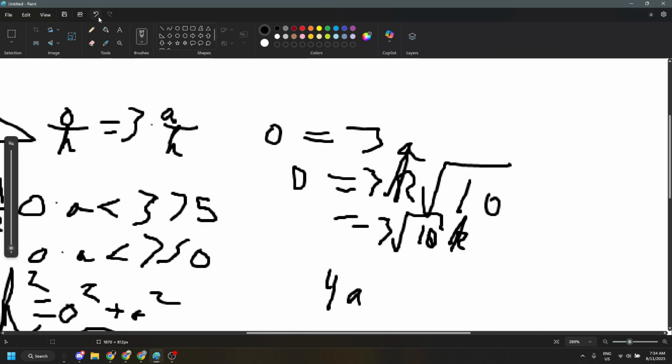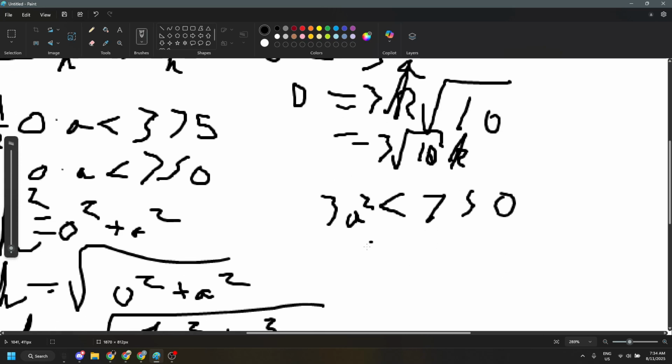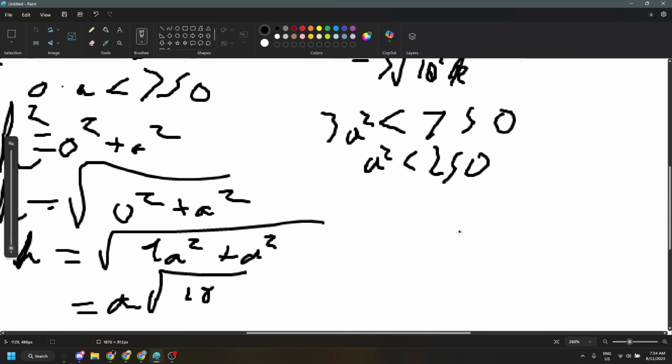Oh no, I lied. This would be 3A squared is less than 750. A squared is less than, divide by 3 on both sides, 250. Is this a square number? I don't think it is.